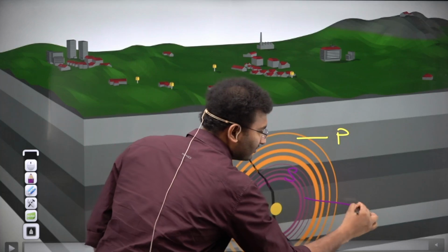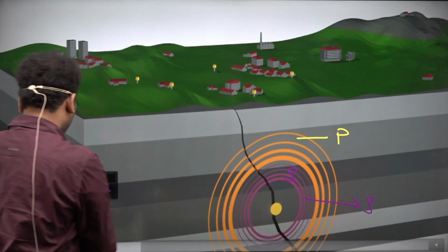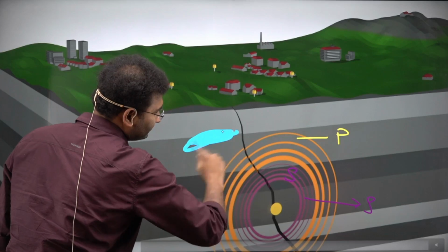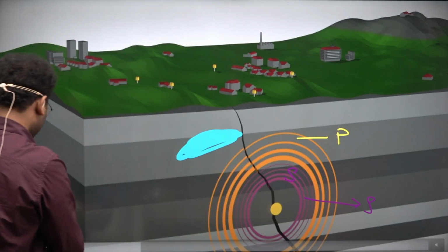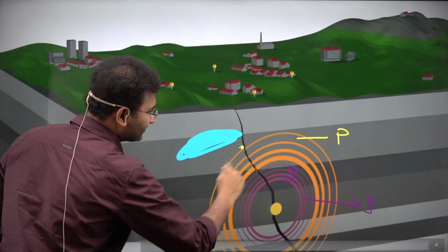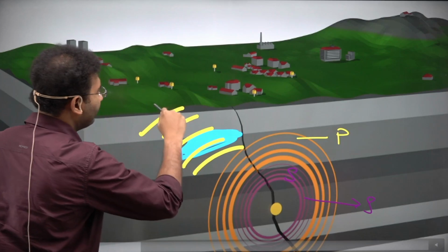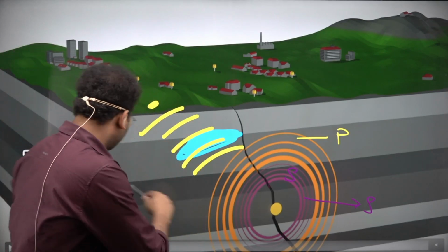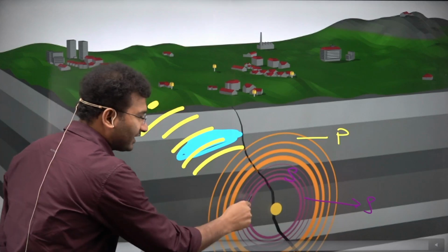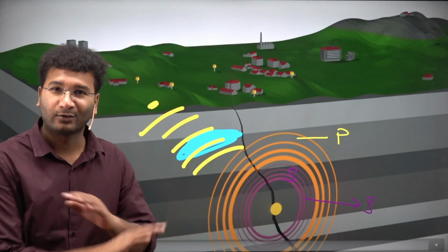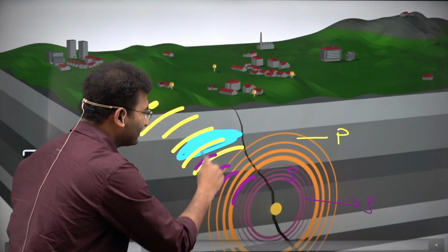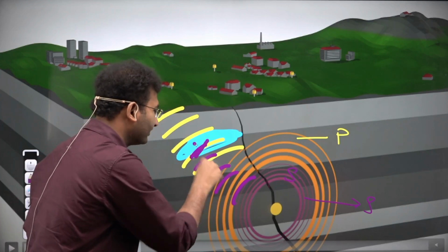So imagine that you have water here. Can your P waves pass through this? Yes, your P waves will pass and reach this particular place. But what about the S wave? Can they pass through the liquid? No, they cannot pass through the liquid. So as soon as these S waves reach the liquid, they are dead.